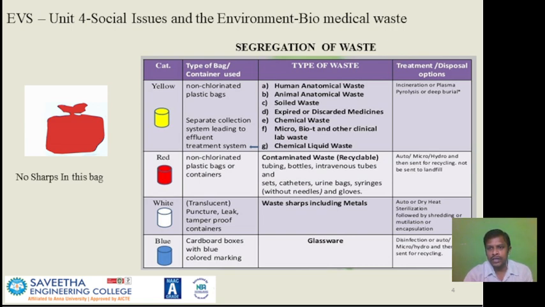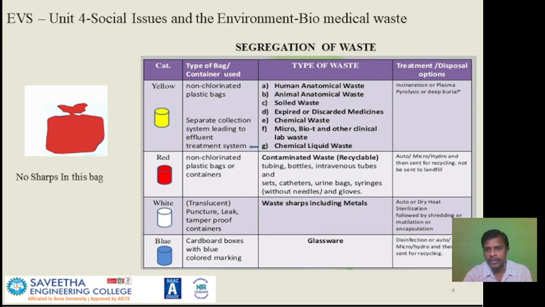The types of waste used in yellow bags are human anatomical waste, animal anatomical waste, soiled waste, expired or discarded medicines, chemical waste, microbiology and other clinical lab waste, and chemical liquid waste. The treatment and disposal options are incineration or plasma pyrolysis or deep burial. And if it is yellow, it is called non-chlorinated plastic bags or containers.